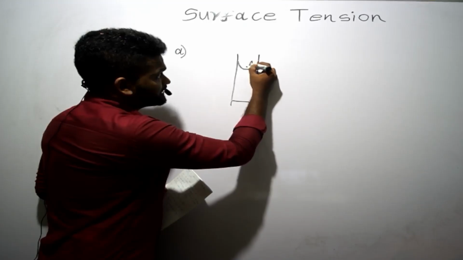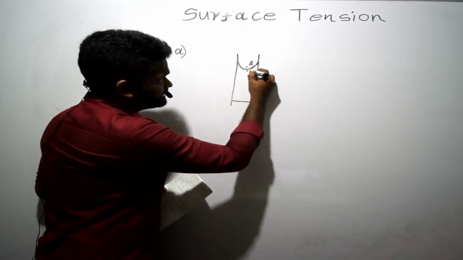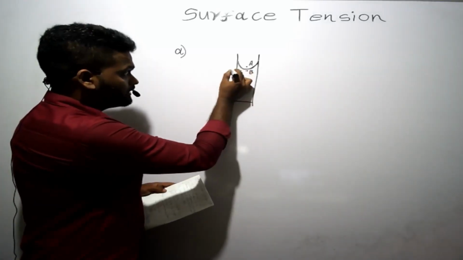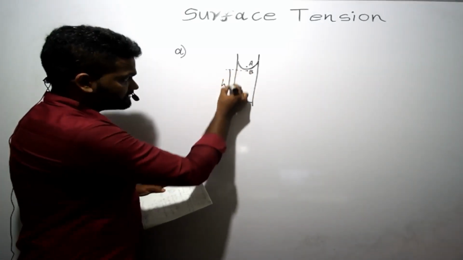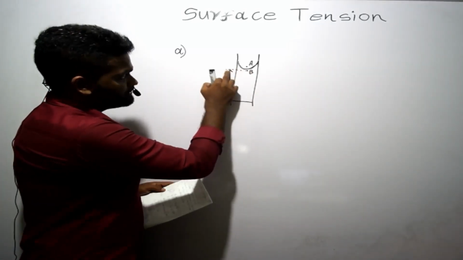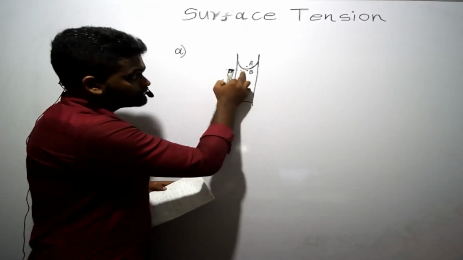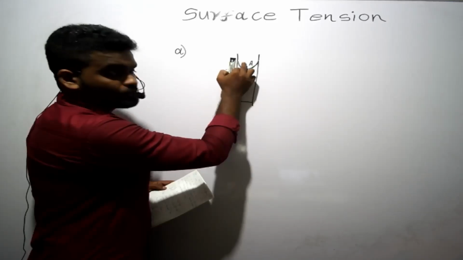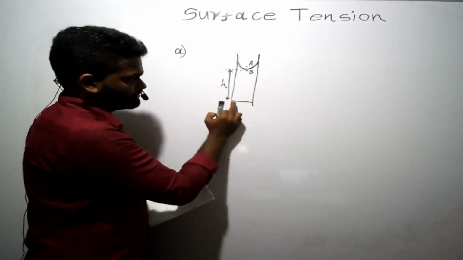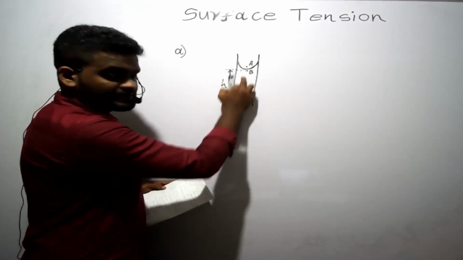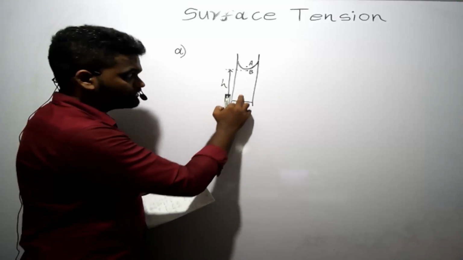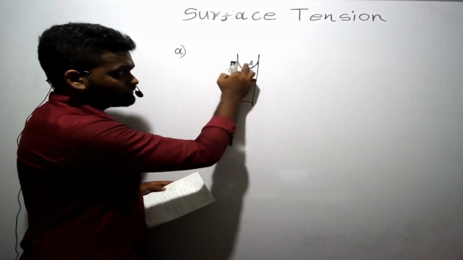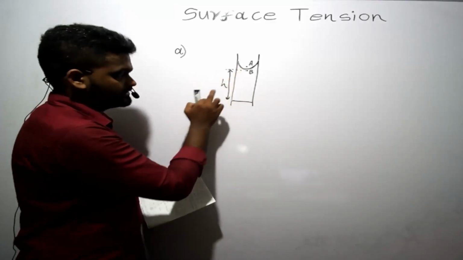Let's consider this point A, slightly below it is B. Let's say this height is h. We always measure this height through the liquid, not up to A, it is up to B.